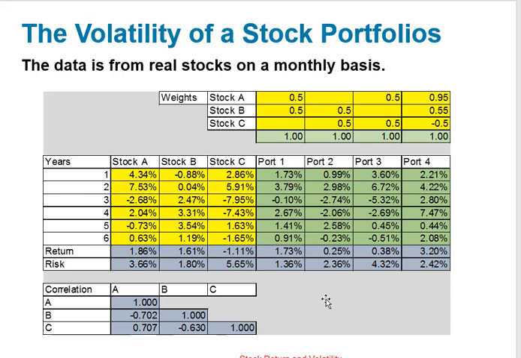So if you're borrowing, which is a negative kind of investment, and you earn a negative return, that is an overall positive rate of return for your portfolio. So when I short sell this, we're actually going to earn a higher rate of return than is possible with any of the other assets.